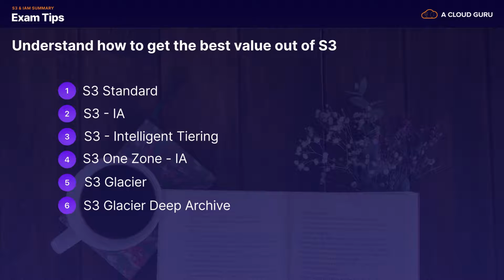So again, you are going to get a whole bunch of scenario questions, and it will ask you what is the cheapest S3 tier to choose. And that's just basically on the cost of the storage of data itself. So just remember them in this order. It starts off with S3 standard as most expensive, then infrequently accessed, then S3 intelligent tiering, then S3 one zone infrequently accessed, then Glacier, and then Glacier Deep Archive.